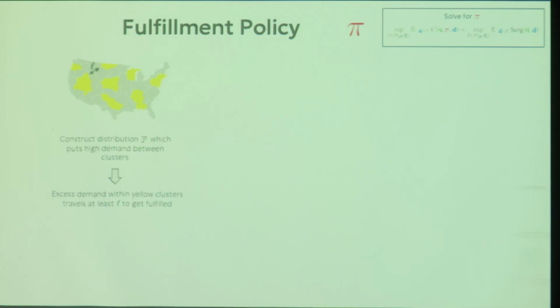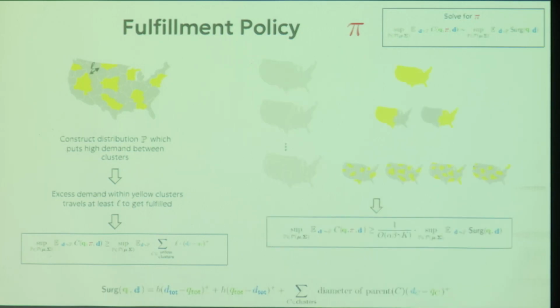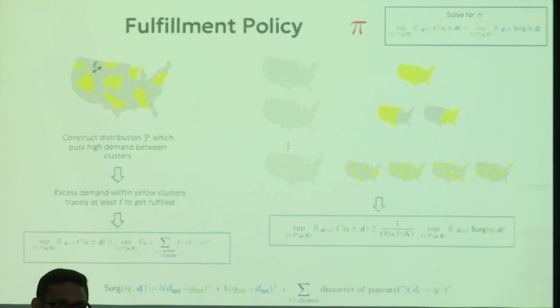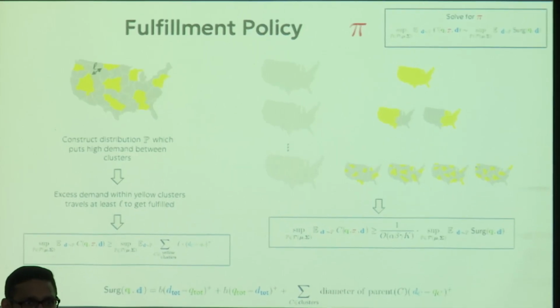Okay, and so with that kind of construction, we can show that the worst case expected cost for this fulfillment policy that I just described is at least this factor of the surrogate cost. Okay, and this factor is defined by the clustering.